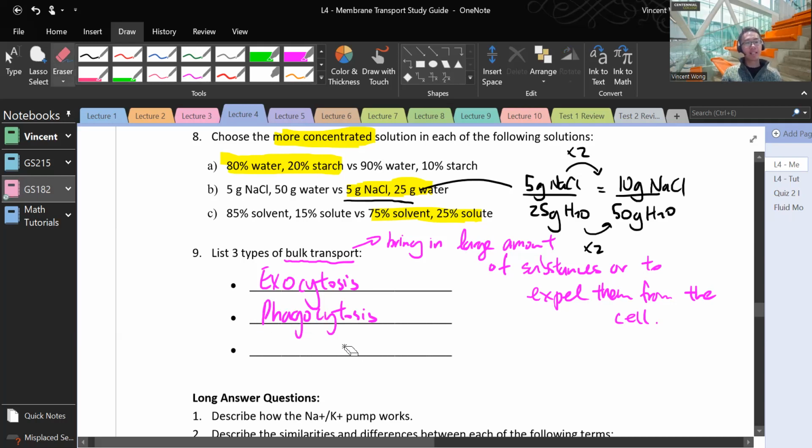What's another type of endocytosis besides phagocytosis? This is to bring in solid, right? This is cell eating, and we also have cell drinking. Anybody know what that one's called? Cell drinking is pinocytosis. Pinocytosis.